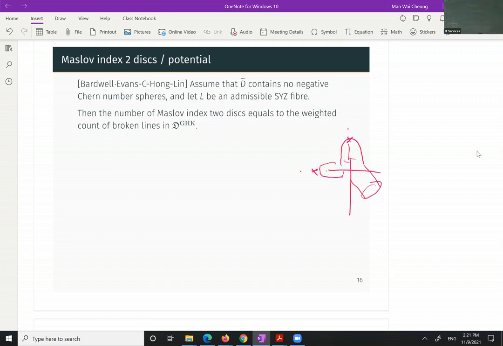So about the Maslov index 2 discs: all I have been showing before this are just Maslov index 0 discs. So the question is, can we say something about Maslov index 2 discs? It turns out the construction is much more difficult because we have some negative Chern number at the boundary divisor.